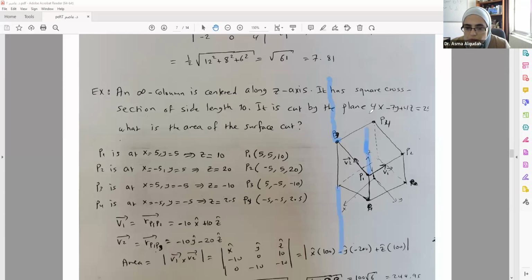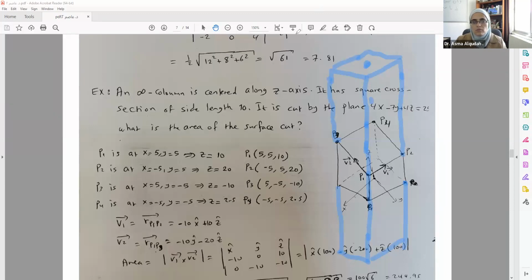Okay, this is our column. Now, it's centered along the z-axis.